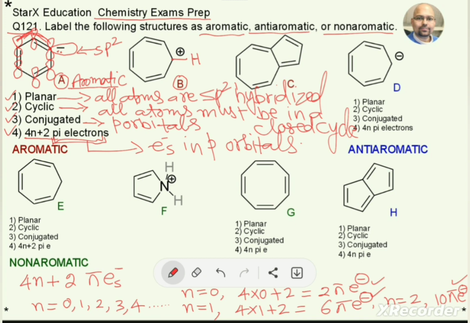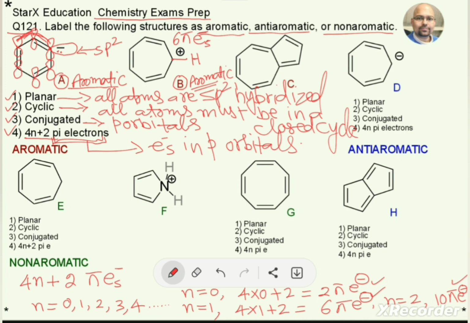The answer is yes, because the carbocation's carbon is also sp2 hybridized, and all other carbons in the molecule are also sp2 hybridized. Therefore the molecule is planar, it's cyclic, and there is conjugation. It has 4n plus 2, meaning 6 pi electrons, and therefore this species is aromatic. This is called cycloheptatrienyl cation.